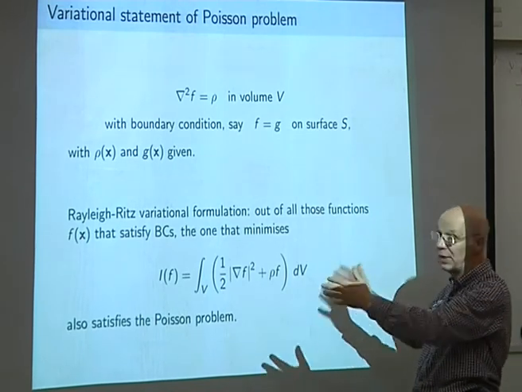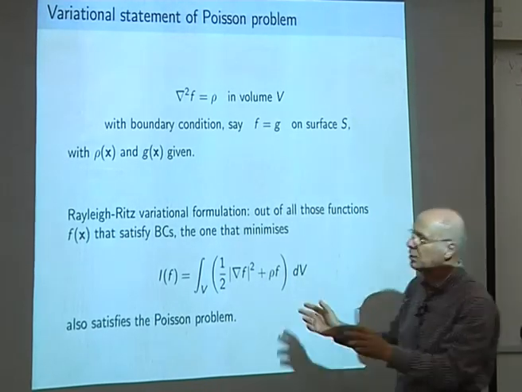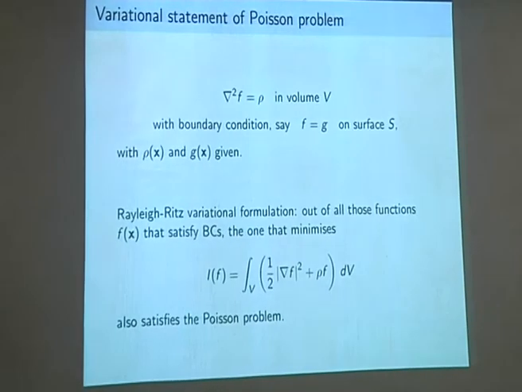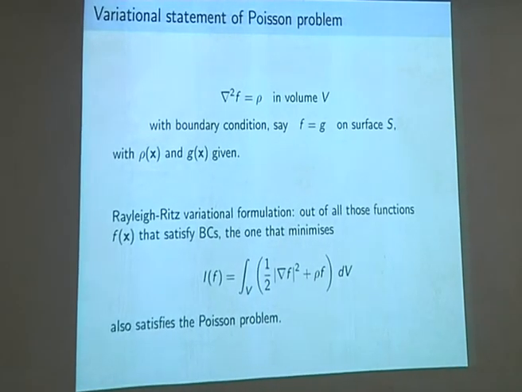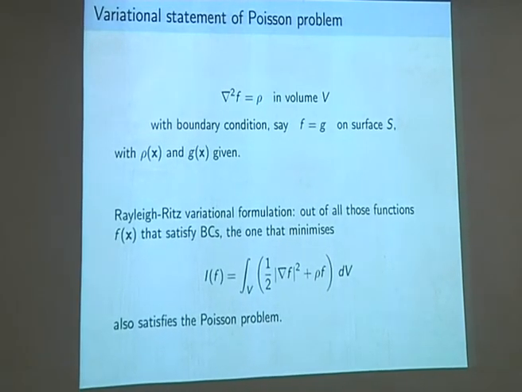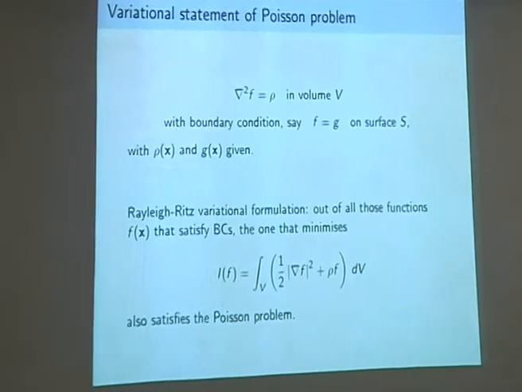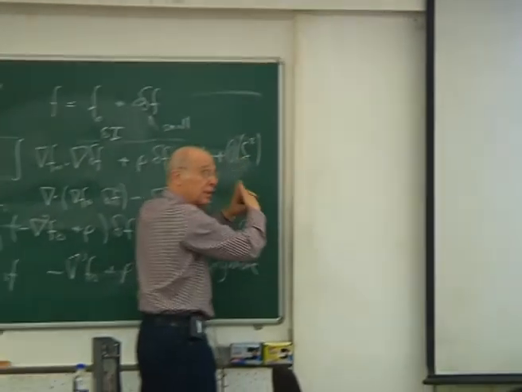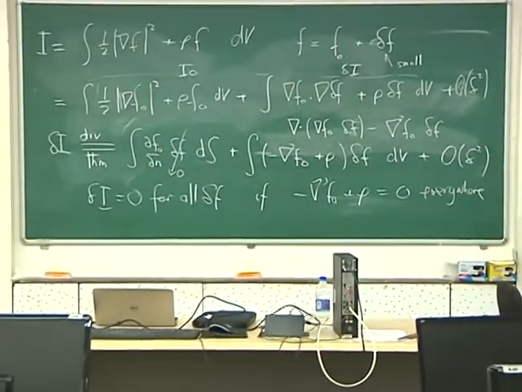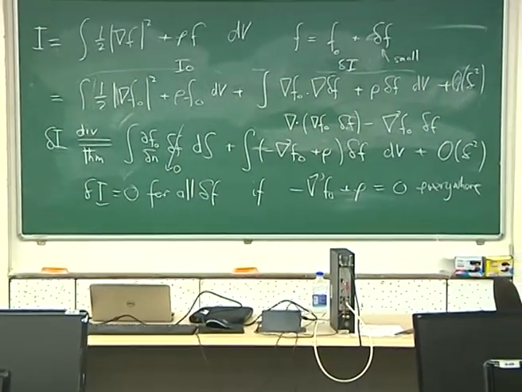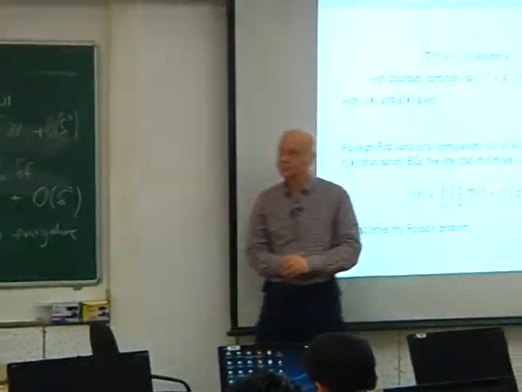It would be, in fact, the minimum for this, because you can quite easily persuade yourself that the delta squared term is going to be the gradient of delta f squared, which is a positive amount. While I can get this term to vanish, this is always going to be positive. And so at the optimum state, this is a minimum.